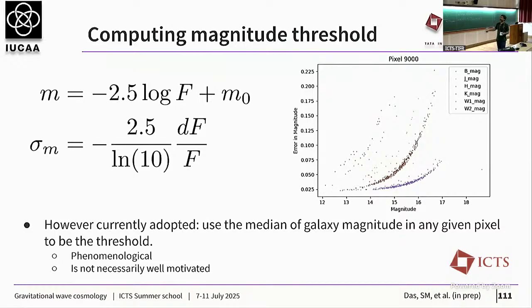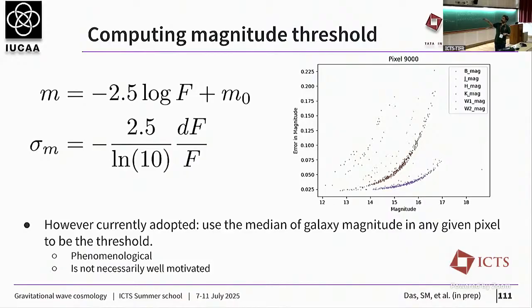Right? It is related to the logarithm of the flux that you observe at your telescope, plus some zero point. Right? So some flux you say gives me magnitude 0, and you compare it to that flux to tell you what is the magnitude. That is what you do to get any magnitude whatsoever. So the error on this magnitude will be related to this flux like this.